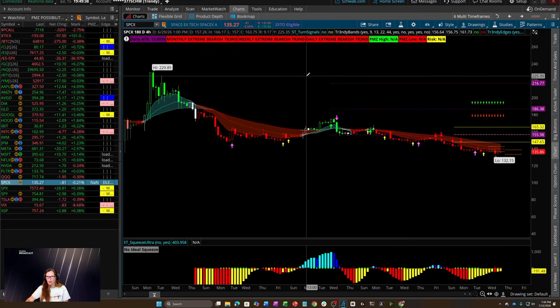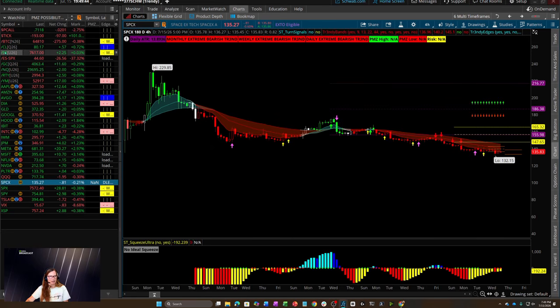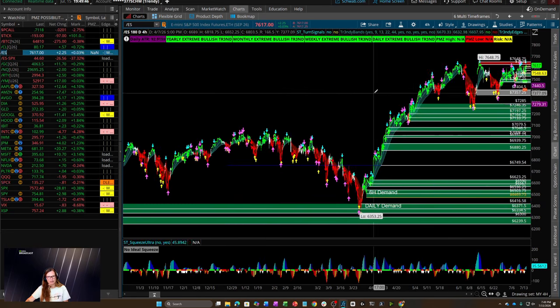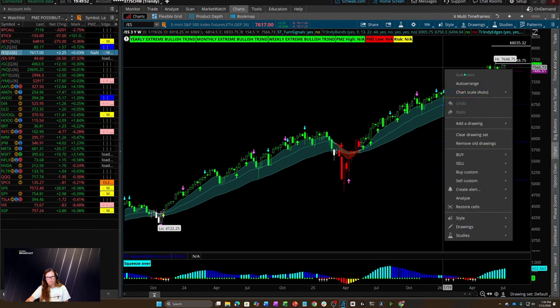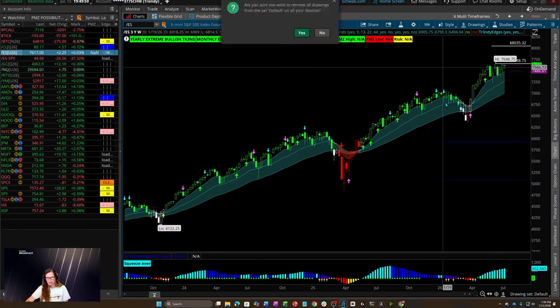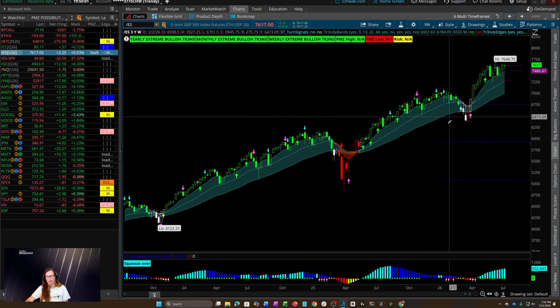Now, the other method I use Fibonacci for is to use a secondary draw to identify targets. And this is something I do daily. Daily, I will do this.